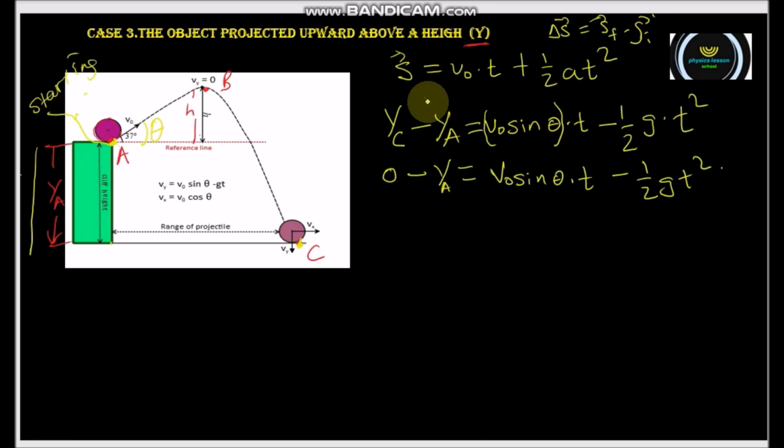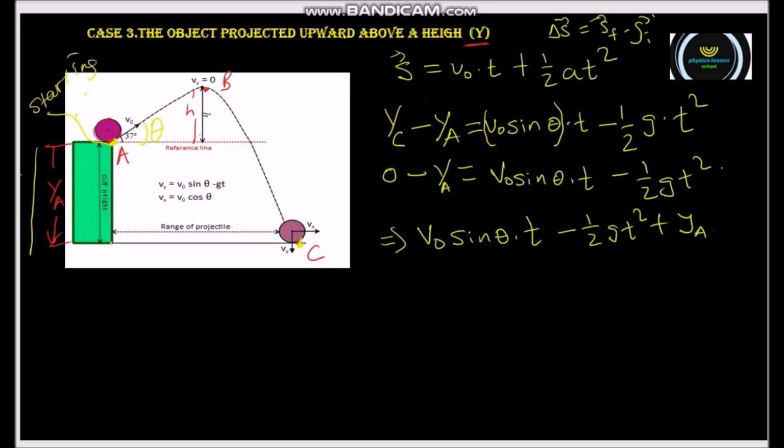Now take ya to the right side. This implies 0 equals v naught sine theta times t minus 1 over 2 g t square plus ya.